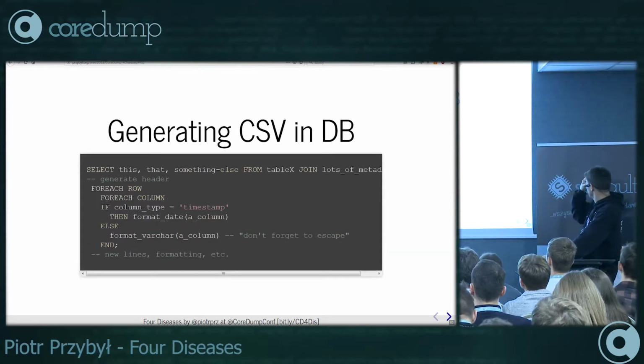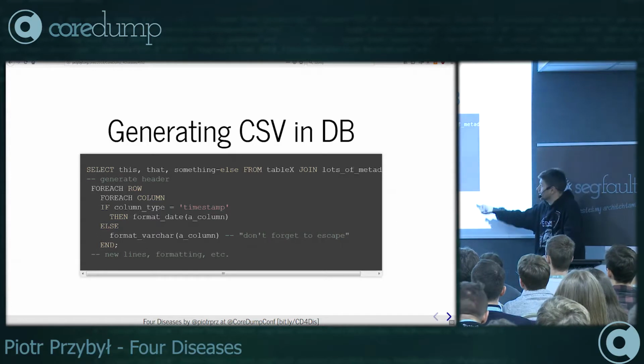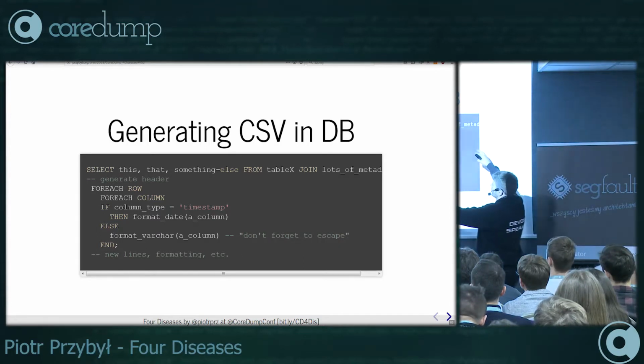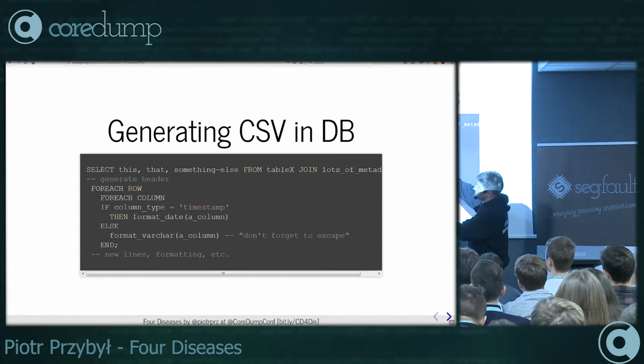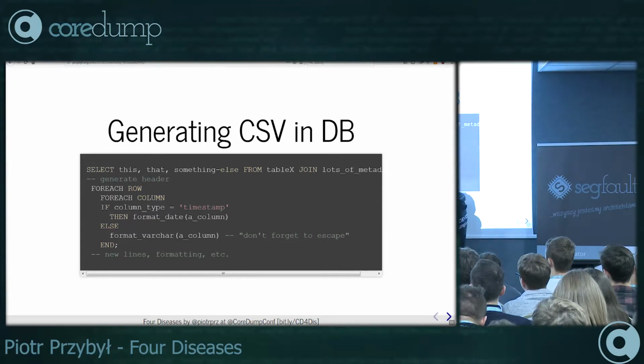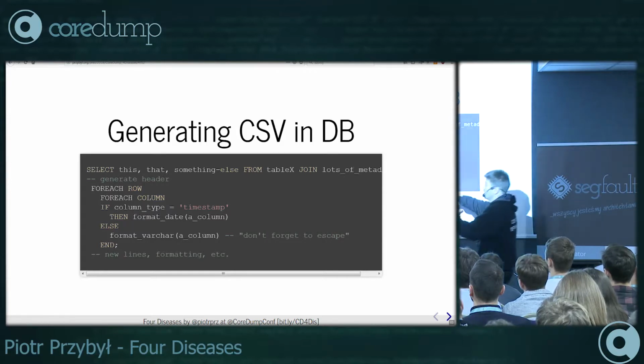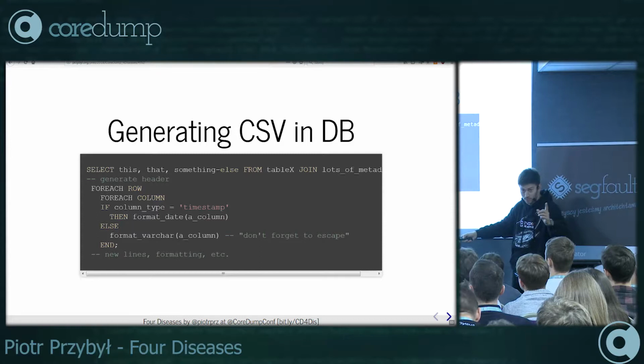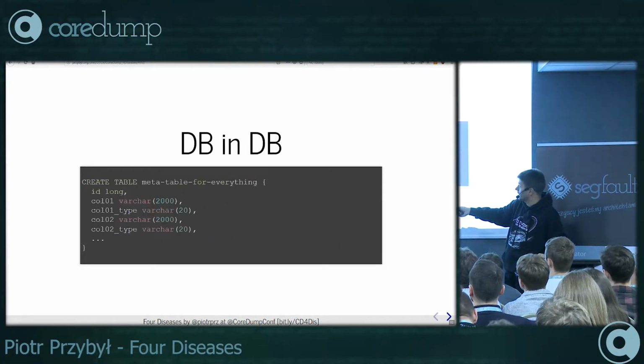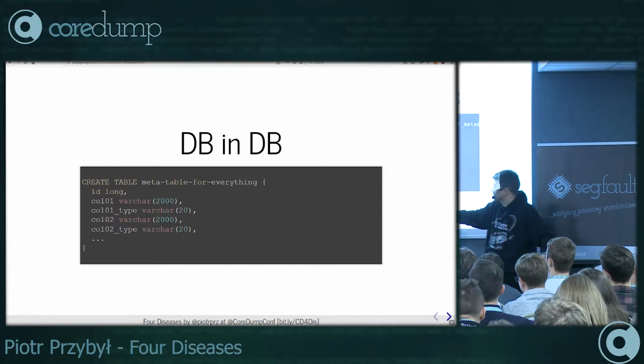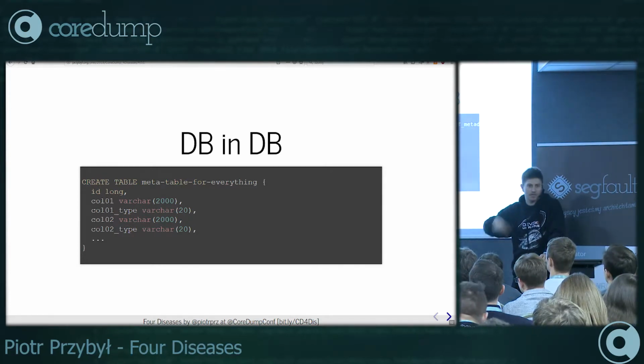Or we can generate the CSV in code, with a script like this. We select something from a lot of joins, then we iterate, we generate the header, then we iterate over each row, each column, and if that column is a timestamp, mind you, we format it in a different way, else we format it in another way, and we should have escaping, new lines and something.